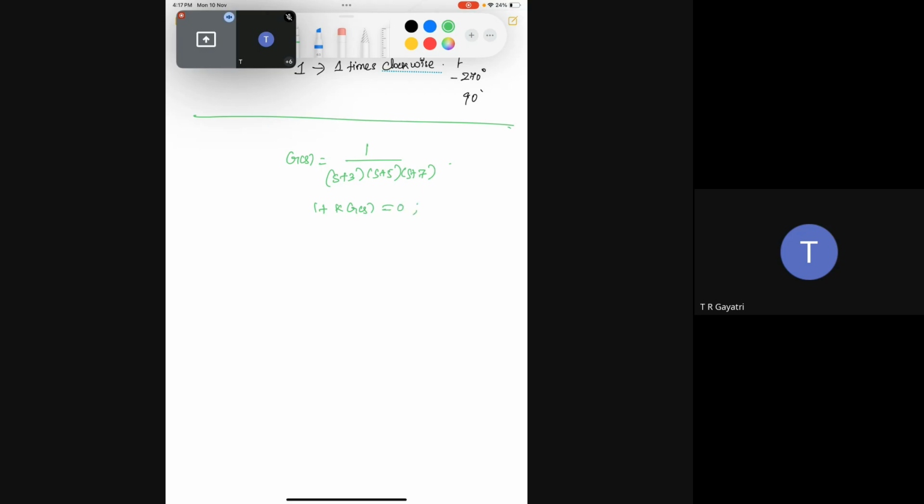Which of the points are in the root locus of the system? Okay. So when you write it in terms of 1 plus K into 1 by (s plus 3)(s plus 5)(s plus 7) equal to 0, this will go there. Plus K will come, right? Just plus K will be added here.